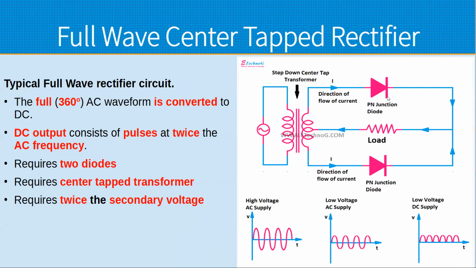It does require two diodes to do it, plus you need a center tap transformer. So if I still wanted this to be 12 volts out, I'd need a 24 volt center tap transformer. So basically I have 12 volts on either side. So this one conducts on 1/2 cycle. This one conducts on the opposite half cycle.